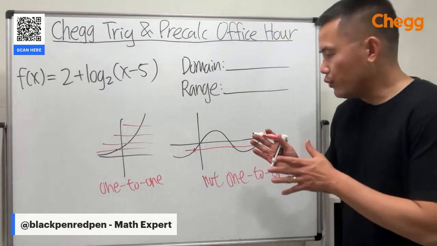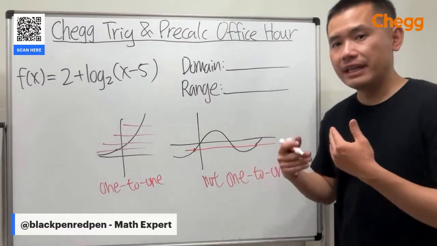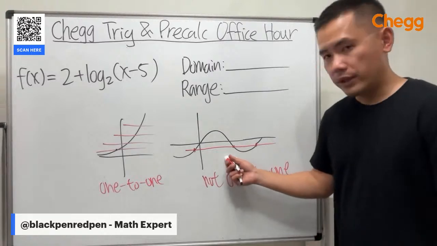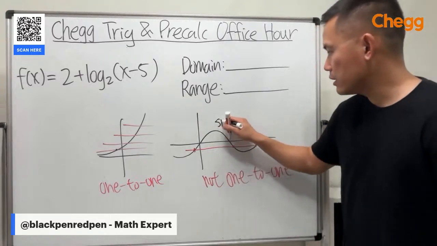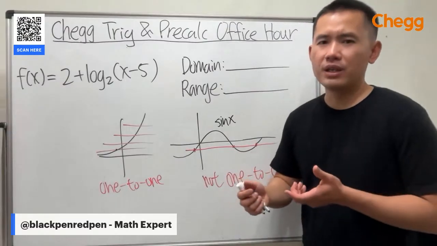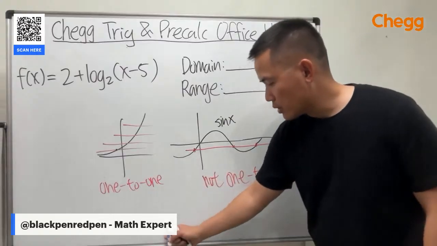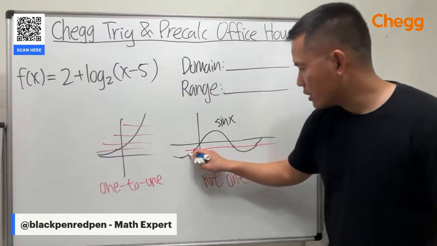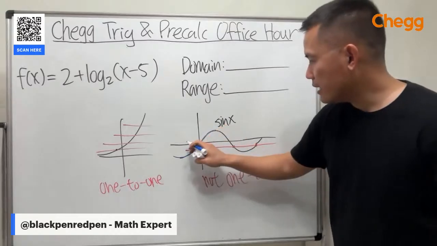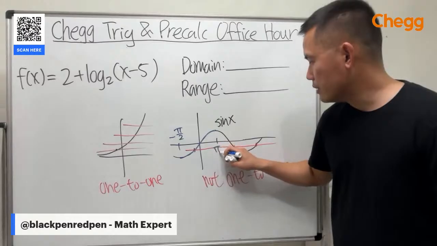So if you're asking when shall we be restricting the domains to have the inverse, then for the sine function, we still want to have a nice inverse so that we can compute the angle, right? And things like that. Then we are going to restrict the domain to from here to here, and that is going from negative pi over 2 to positive pi over 2.